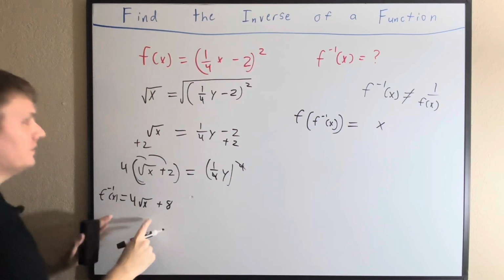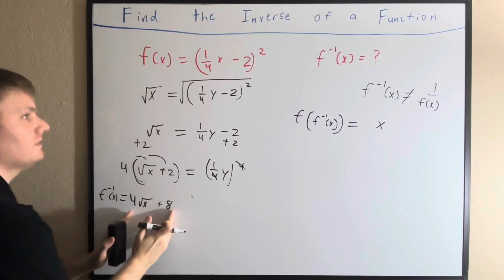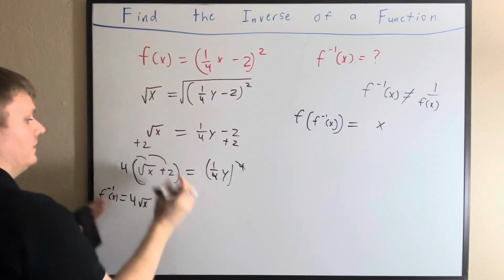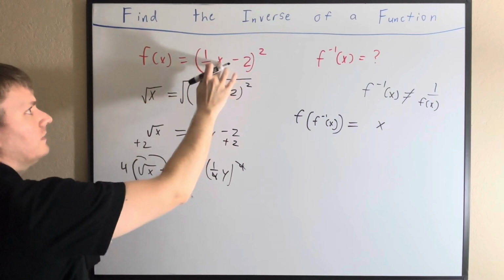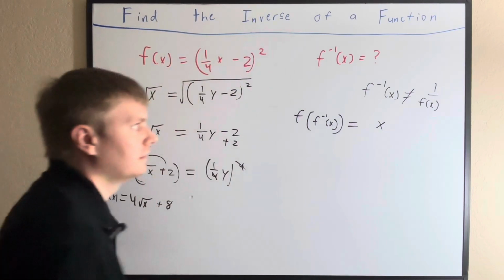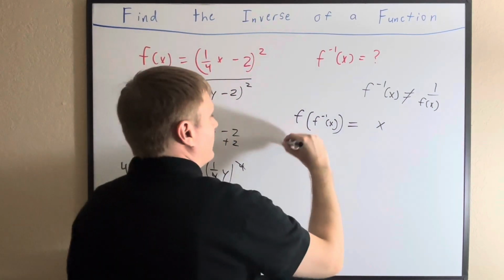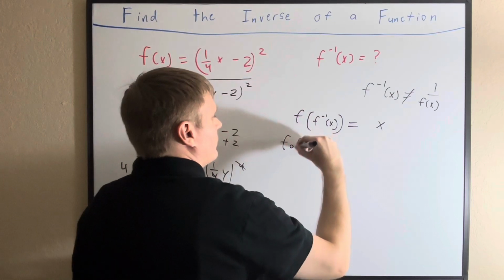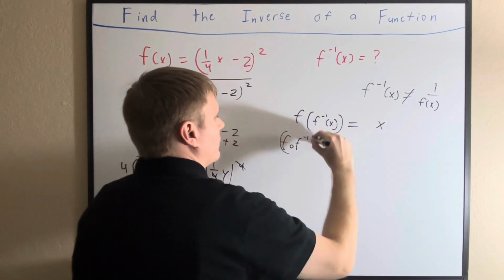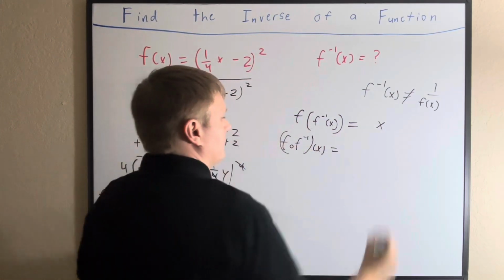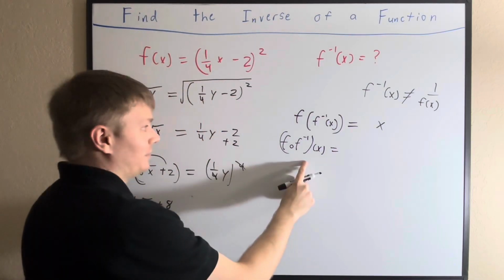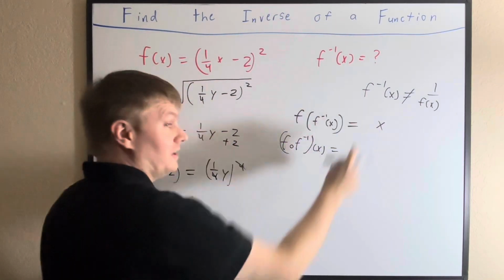So let's see if that happens when we take f inverse of x and put it back in for our input here. All right. Another way to write that is f inverse of x. It's a good thing we know our notations, right?